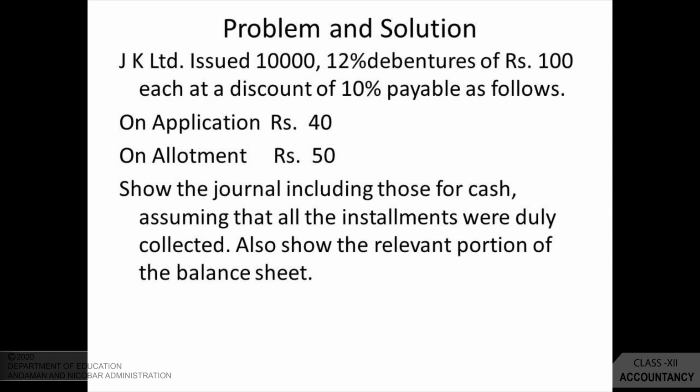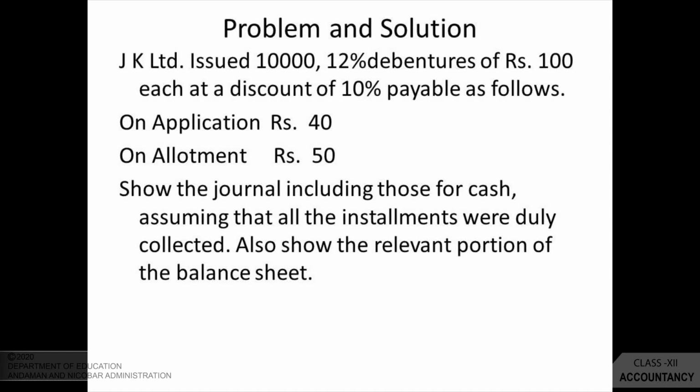On application rupees 40, on allotment rupees 50. So the journal entries including those for cash, assuming that all the installments were duly collected. Also show the relevant portion into the balance sheet.